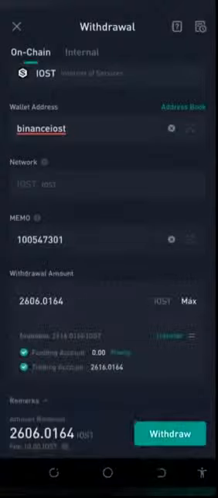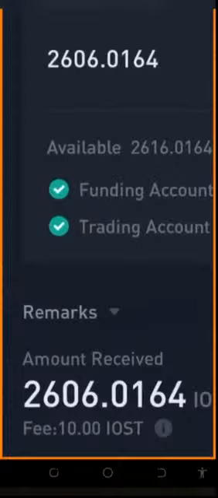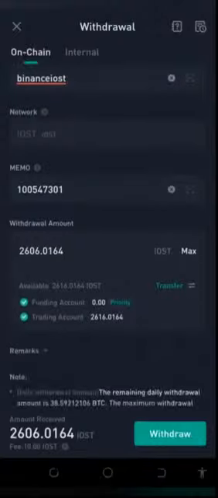Then we pick max. So what we get is 2606. Remember that there's going to be a withdrawal fee of about 7 cents. It says that the fee is 10 IOST, which is the equivalent of about 7 cents. So we're going to go over and get this done. One to go. Let's withdraw.